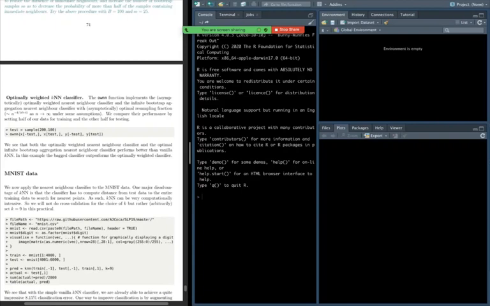Yeah. So this optimally weighted nearest neighbor classifier is attained via an expansion. You just imagine some sort of Taylor expansion and then keeping the first order term.